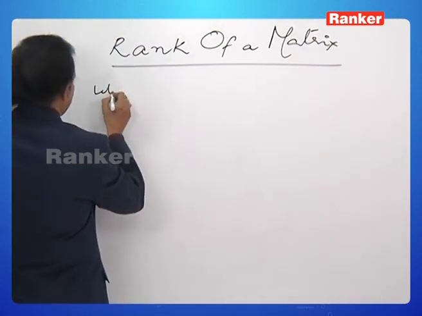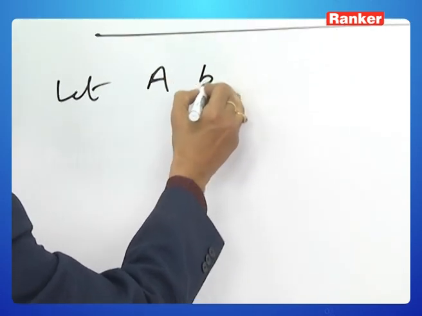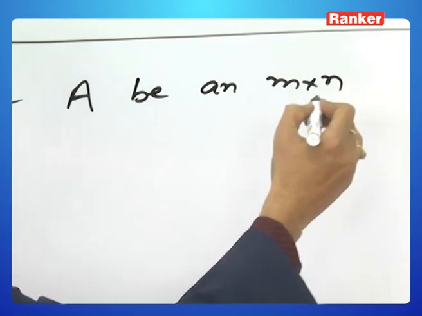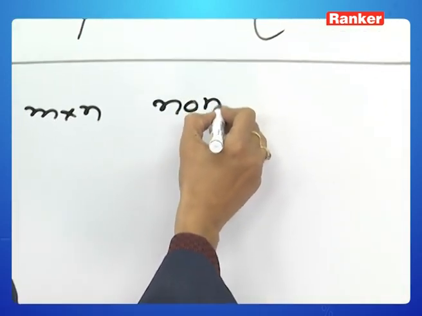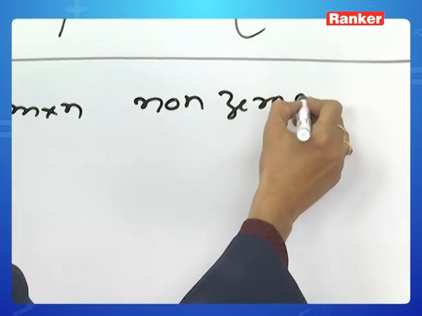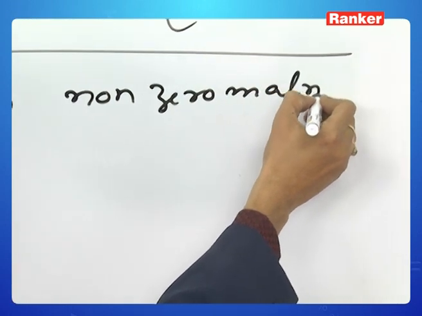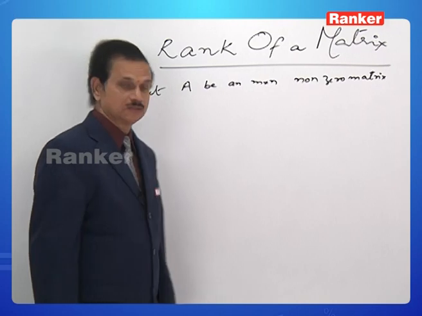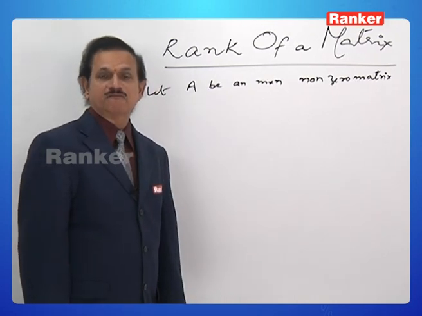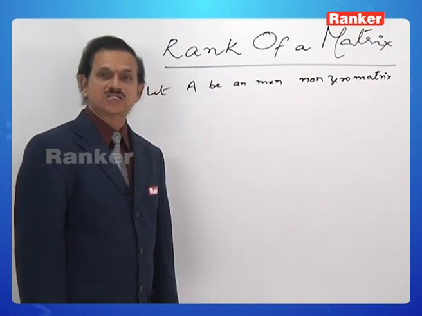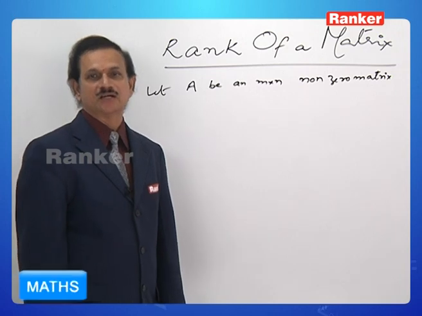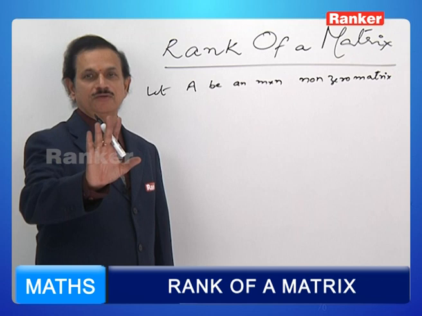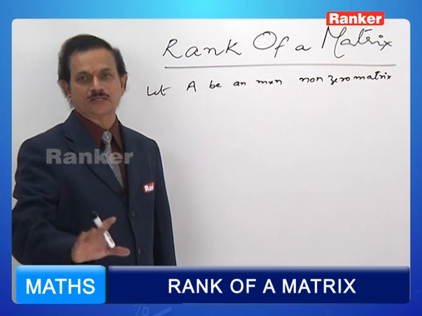Let capital A be an m by n non-zero matrix. So, the very first sentence itself tells us that rank of a matrix is defined for non-zero matrices only.